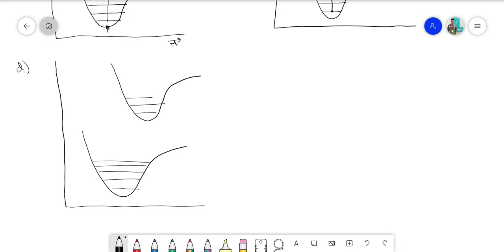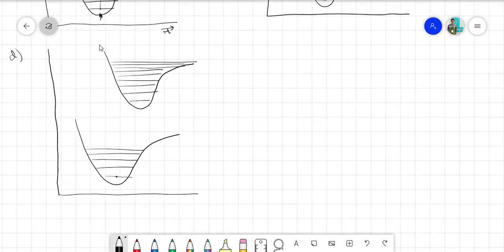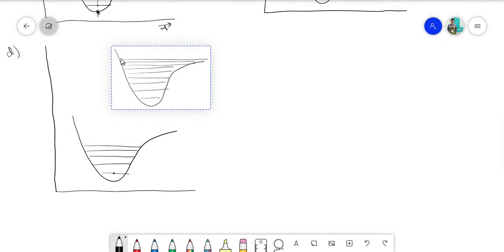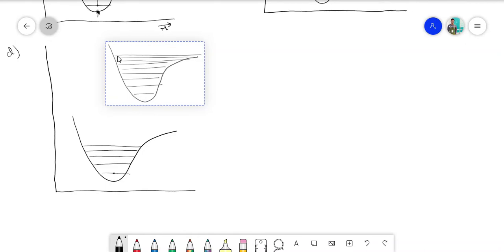Similarly, you have the energy levels. Let's say this is the one, and from here you want to see the transition. Okay, I want to shift this slightly. Yeah, it should work. So this is the transition that I'm seeing.